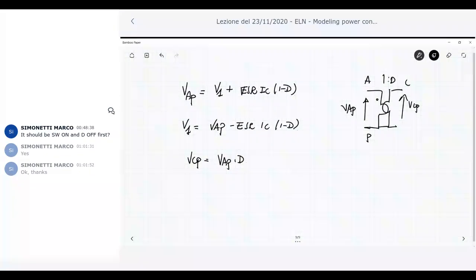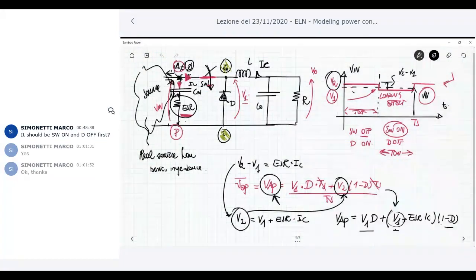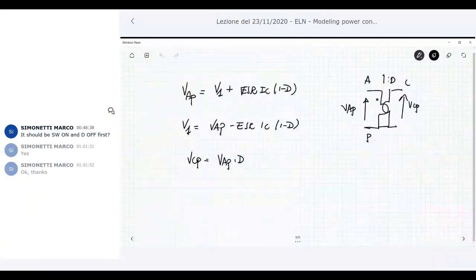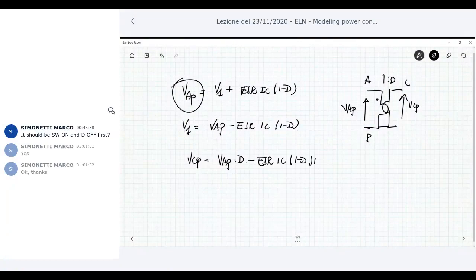So VCP is exactly VAP multiplied by D, and VAP is exactly what we called V1. So it is VAP minus ESR IC (1 minus D) multiplied by D.